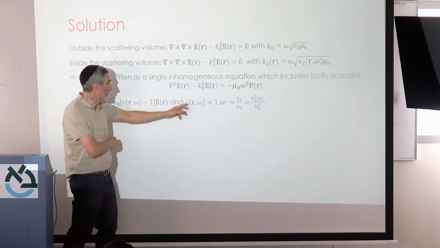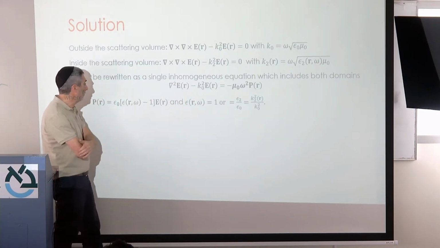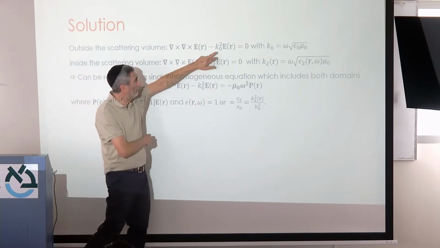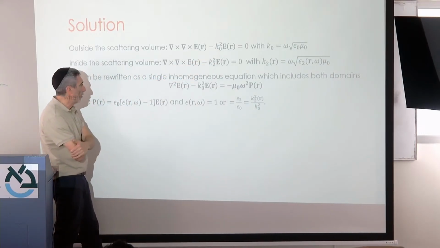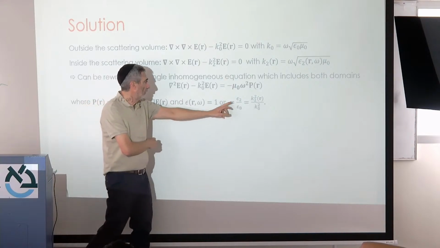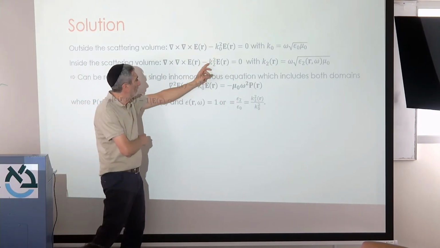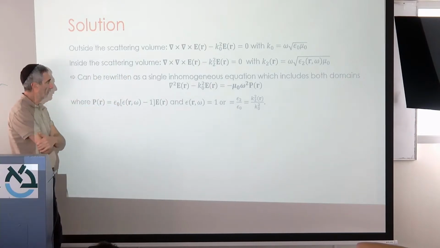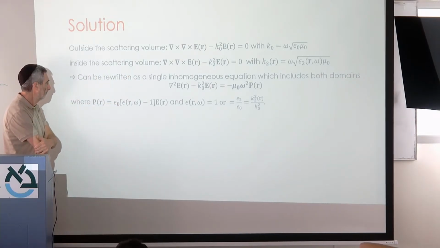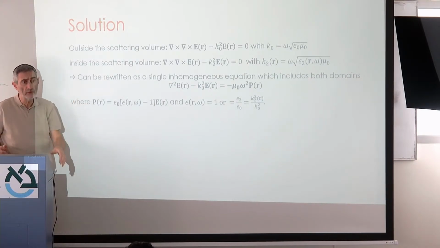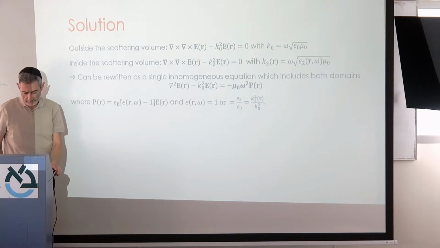And epsilon can take two values. Either it's 1, in that case this term is 0, and we are back to this formula. Or it is equal to epsilon 2 over epsilon 0, and that gives you a correction here to the k vector. So it's a way to group the two cases in one formula.